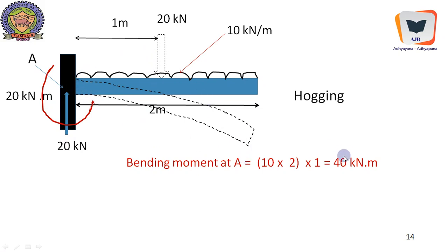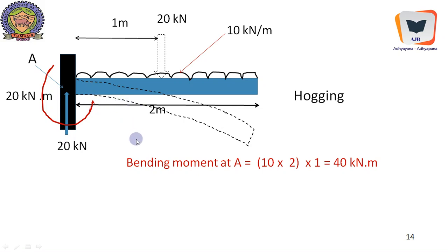It will have convexity upwards, and of course there is a reaction over here, and this moment and this reaction are purely external reactive forces, which are there to safeguard the equilibrium of this cantilever beam.